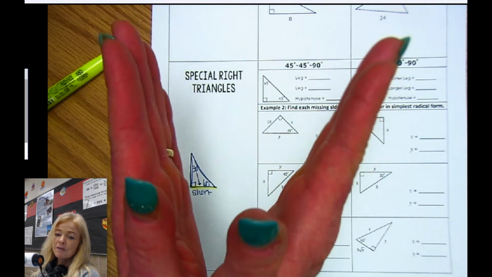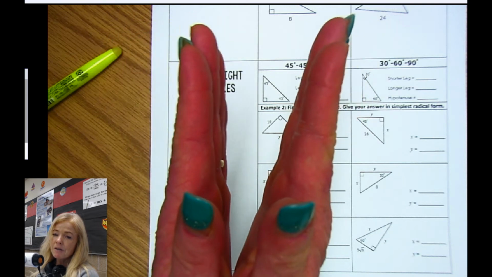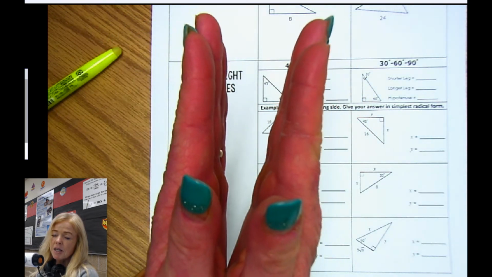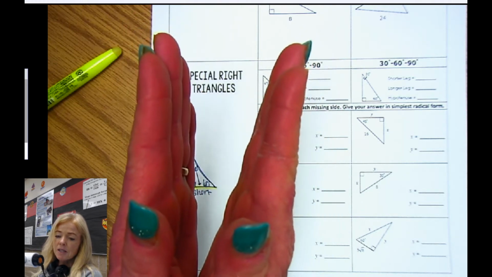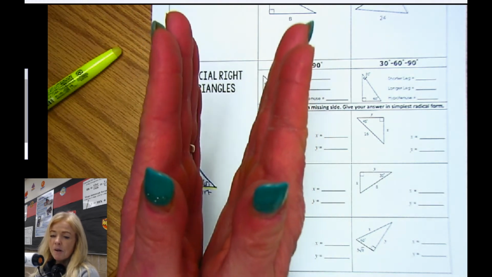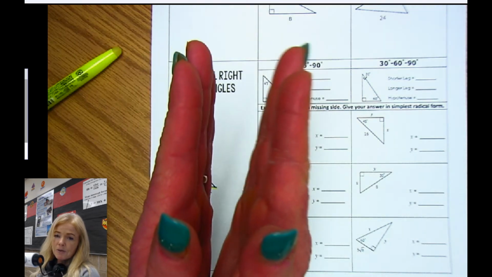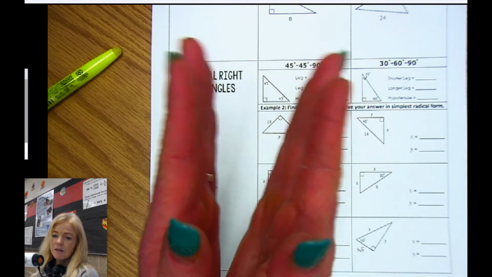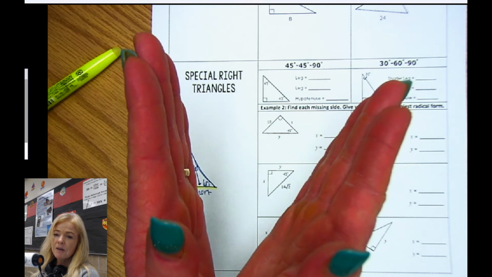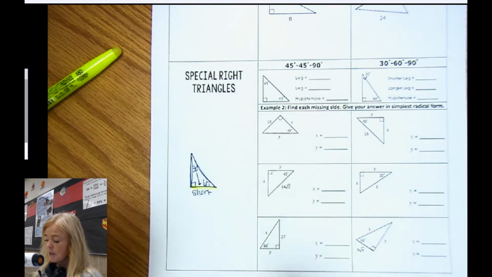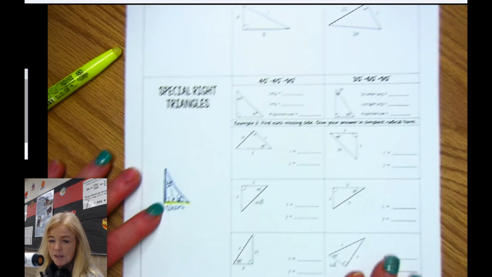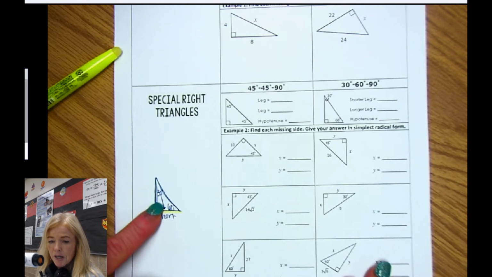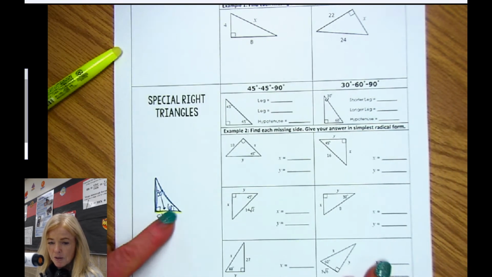If I make my angle smaller, my side opposite is smaller. So the angles are related in that way to their opposite sides. The 30-degree angle is going to have a shorter side opposite it than the 60-degree angle. The 60-degree angle is going to have a longer side, and the 30-degree angle is going to have a shorter side. So when you see this 30-degree angle here, the side opposite it is the short side.